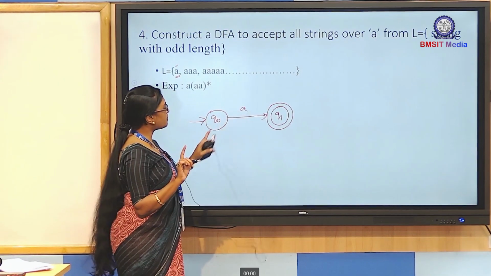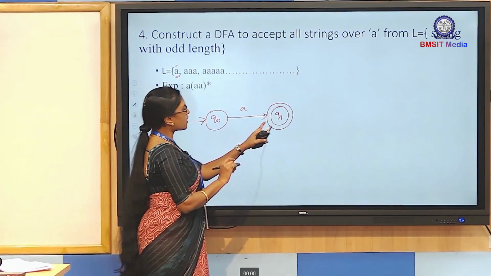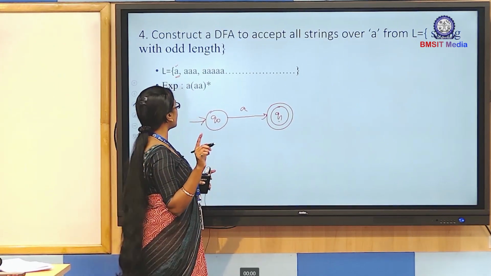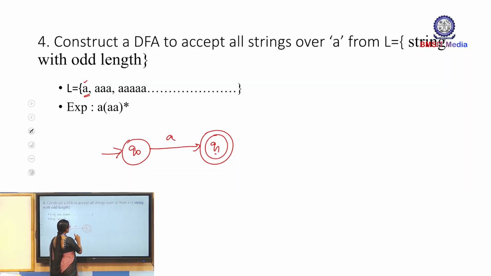Now come to Q1. Q1 is yet to make a transition on seeing the next A. It clearly tells that it should accept 3 A's. Now what happens if I put a self loop of A here? That's one possibility that I can do here.